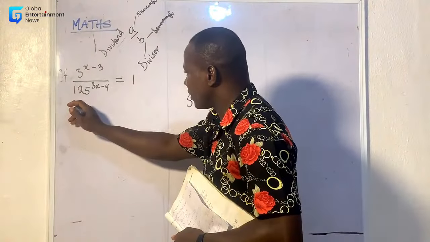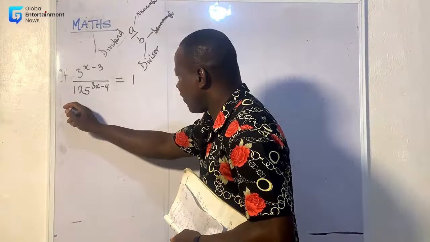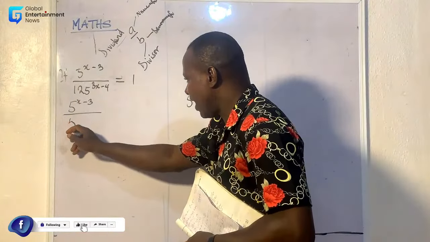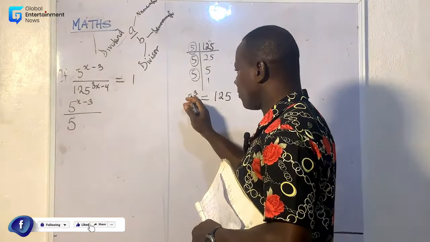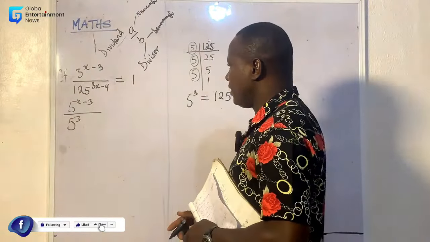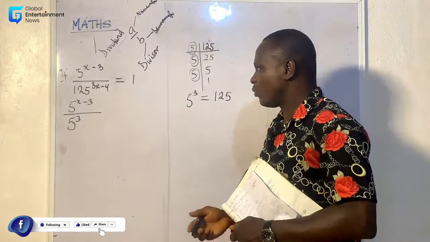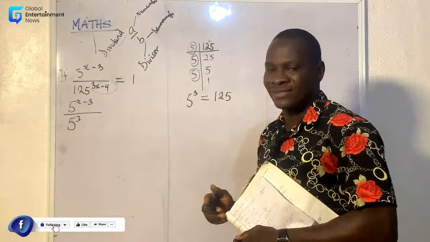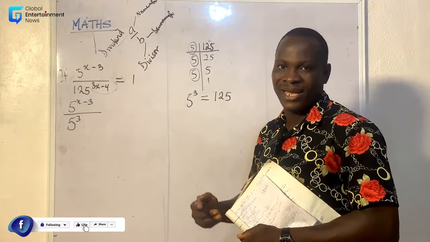Definitely, we are going to say 5 raised to power x minus 3 over, this is 5, remember, raised to power 3. And look at it very well. We have an existing index, existing exponential.